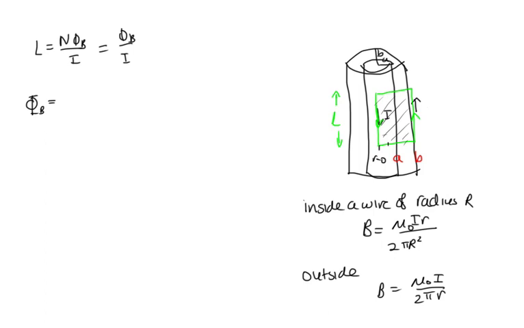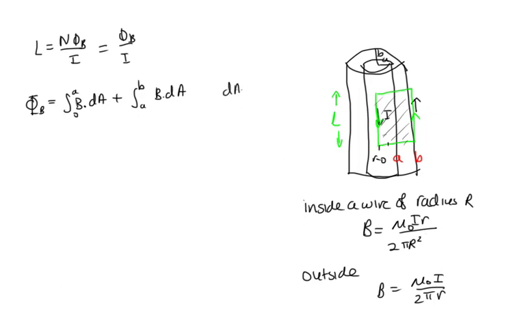So to work out the flux, we're going to do the integral of B dot dA, and we'll sum up from r equal to 0 to a, and then we sum up from a to b of B dot dA. These B's are different because they're in these different regimes here.